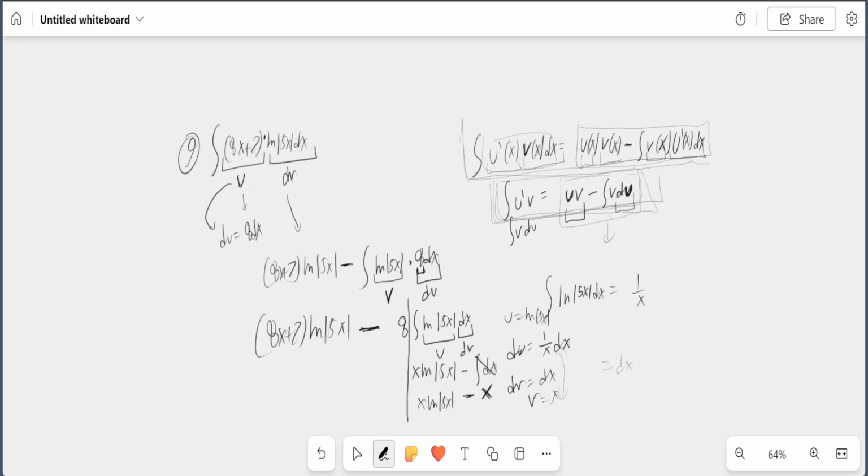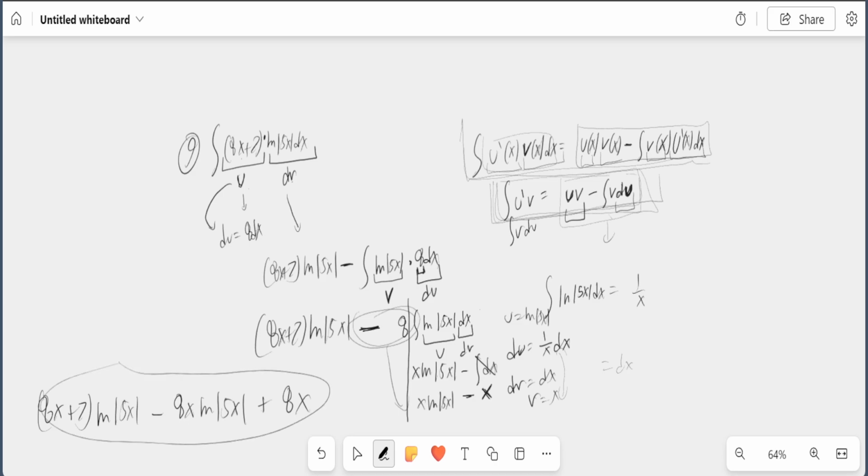And then remember, there's a minus 8 out here, so we got to put that in. So the final answer is 8x plus 7 ln 5x minus 8x ln 5x plus 8x. Yeah, so that's our final answer. Plus c. Oh, yeah, plus c.